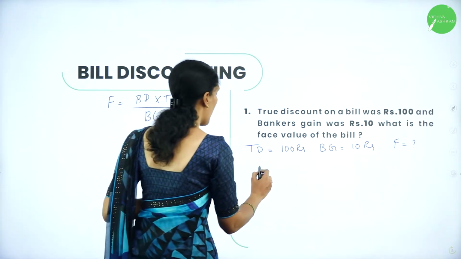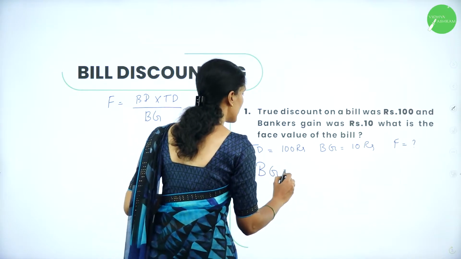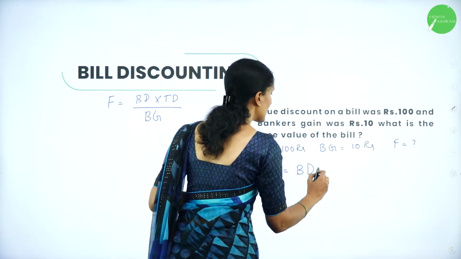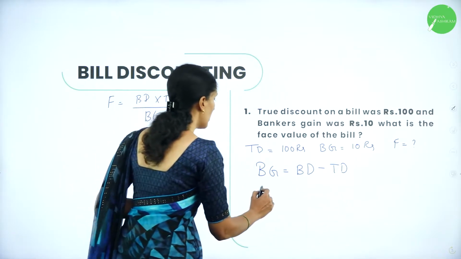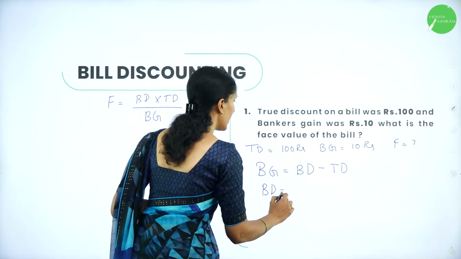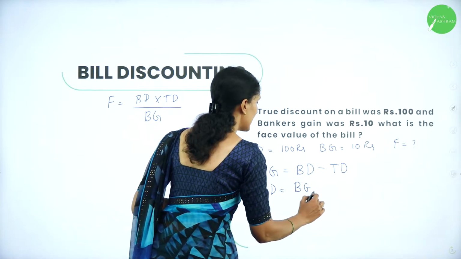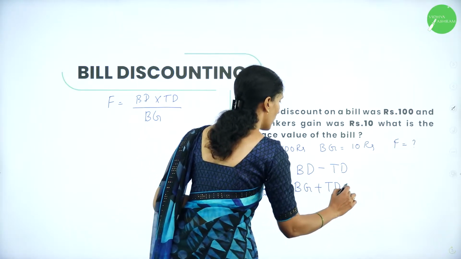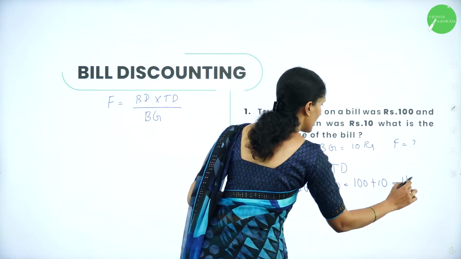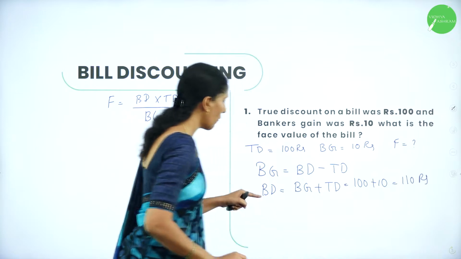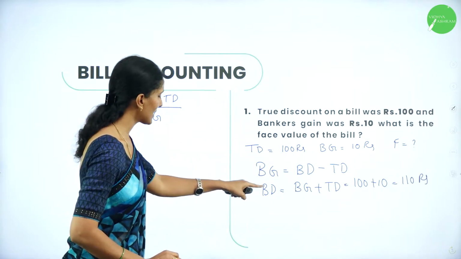I know that banker's gain is the difference between banker's discount and true discount. So therefore, banker's discount will be sum of banker's gain and true discount, that is 100 plus 10 is equal to 110 rupees.